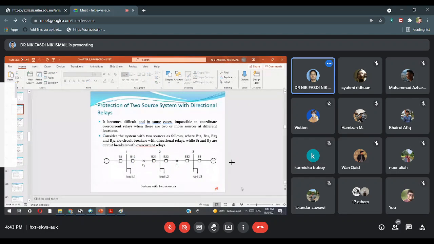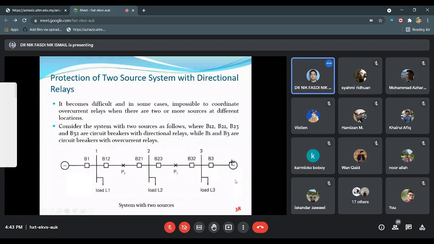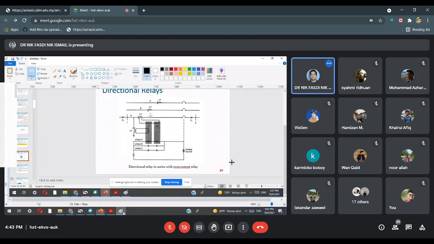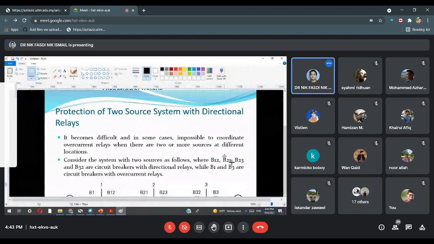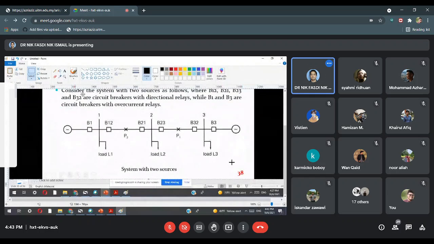Itulah kita ambil dulu this one first. Basically ini semua 1 2, 2 3 4 ini dia pakai directional relay. Okay, biasanya kita akan letakkan directional relay ni dekat sini satu sini. Untuk B12 this area, untuk B21 kat sini.